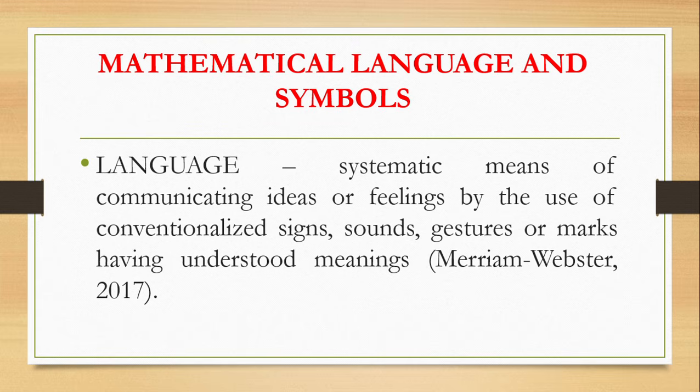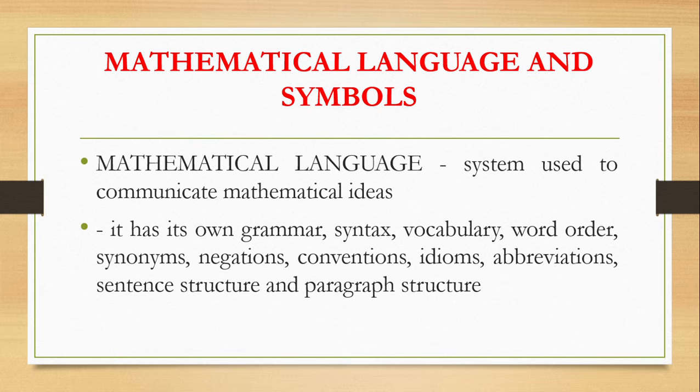Okay. Mathematical language and symbols. So language is a systematic means of communicating ideas or feelings by the use of conventional signs, sounds, gestures, marks having understood meanings, according to Merriam-Webster of 2017. But mathematical language is a system used to communicate mathematical ideas.